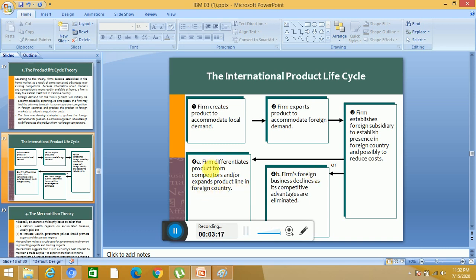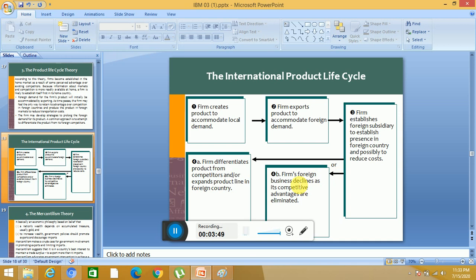Now in foreign markets, they will develop a competitive advantage and will add new lines to their products. One is product line, one is product mix. You know about this; you studied these things in marketing. So they will add more and more lines to their products, and they will create a competitive advantage over their competitors.